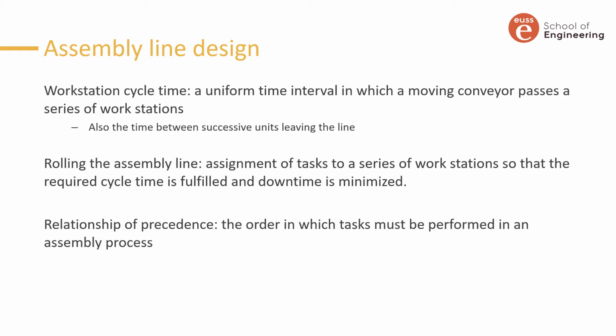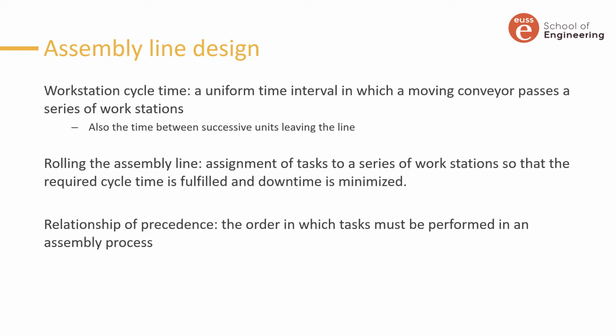Workstation cycle time is a uniform time interval in which a moving conveyor passes a series of workstations. As we know, we can define our work based on different workstations.